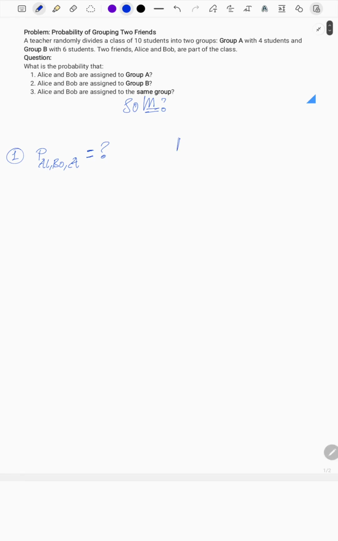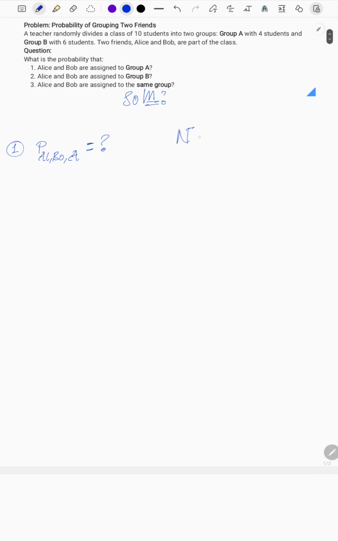So we have the total number of students, n, is 10. So we have to know the number of ways we can create Group A from the total number of 10 students. In how many ways can we choose 4 people from the 10 students in order to create Group A?